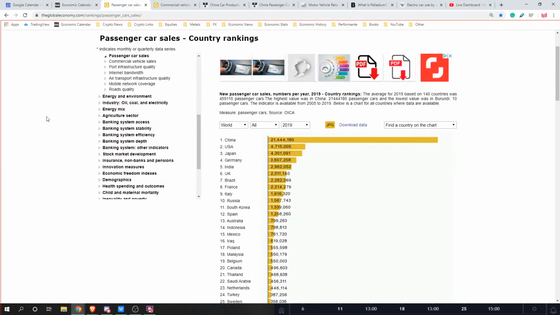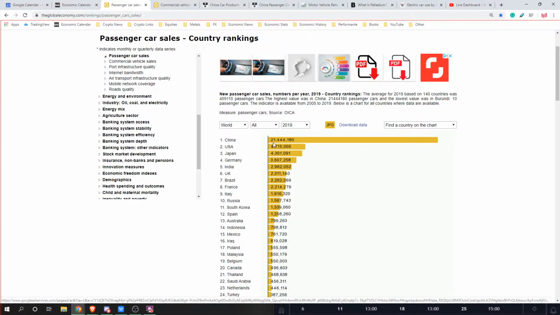All right, so first let's identify where these cars and trucks are getting sold. So first things first, this is passenger car sales. So this is your normal everyday vehicle that is not used for transportation of goods and services. It's just a normal family vehicle, right? And we can see China has way surpassed any other country in terms of passenger car sales.